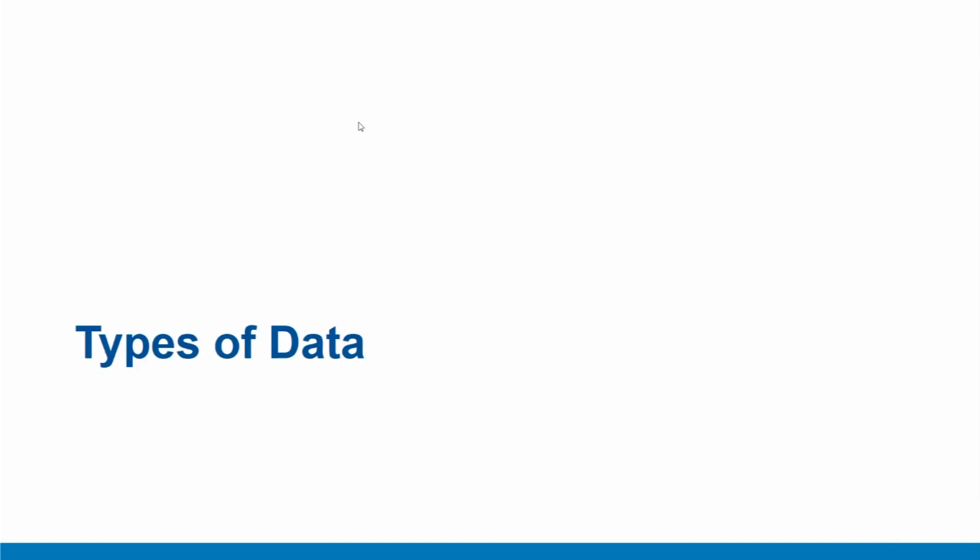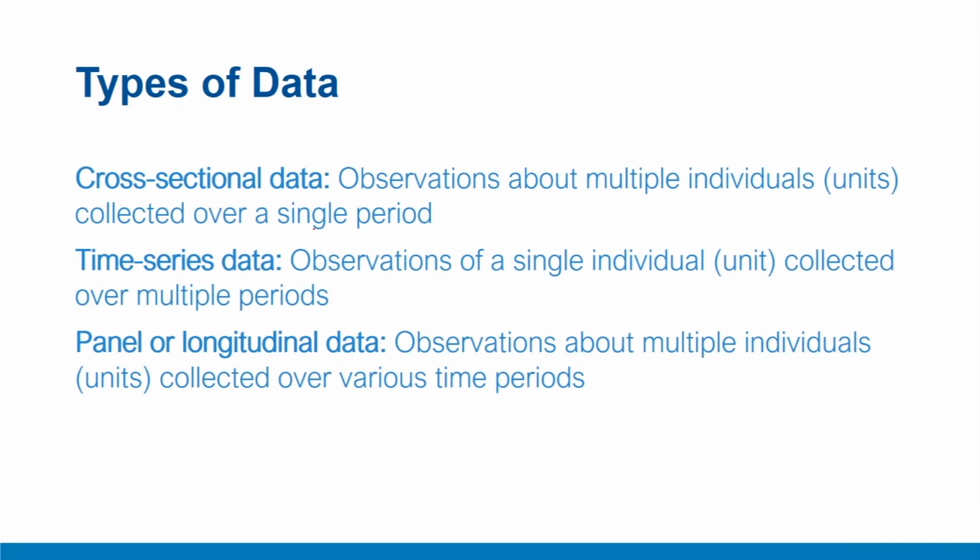In this video, we'll discuss the types of data being employed with machine learning algorithms to train and test the models in financial markets and the finance domain in general. In general, there are three broad types of data that are employed in the finance domain. First is observations about multiple individuals or units collected over a single period.